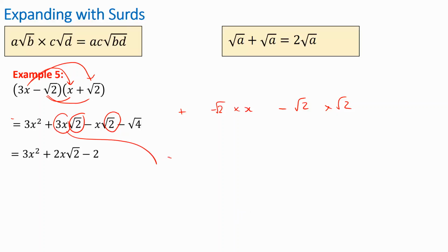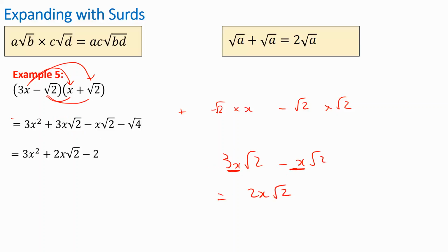I've got 3x of them. And I'm minusing another x. Numbers with numbers, surds with surds. So when you write out 3x root 2 minus x root 2, I'm just saying 3x minus x is 2x of these root 2's.